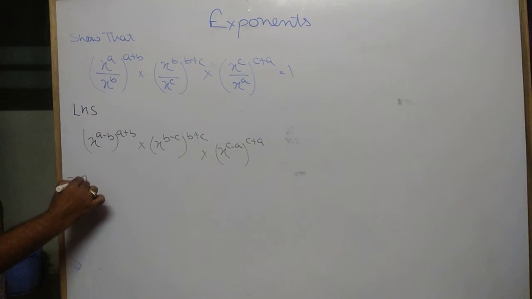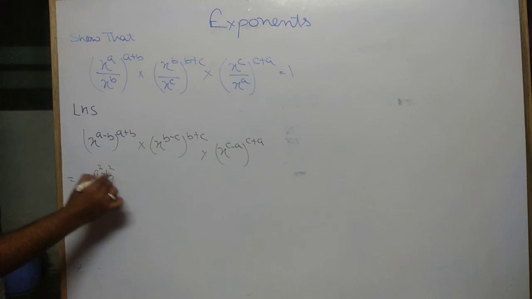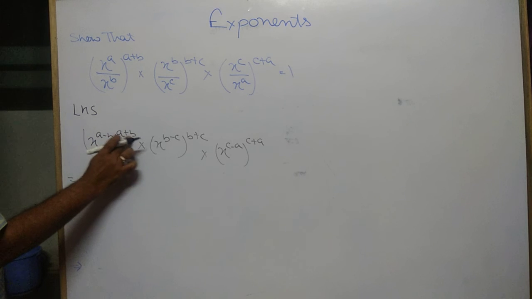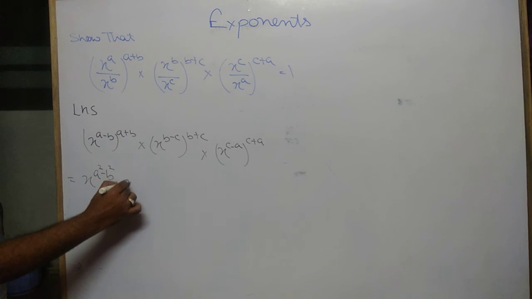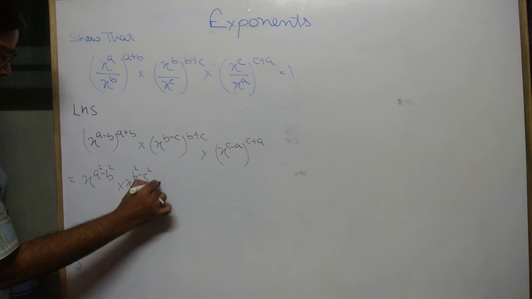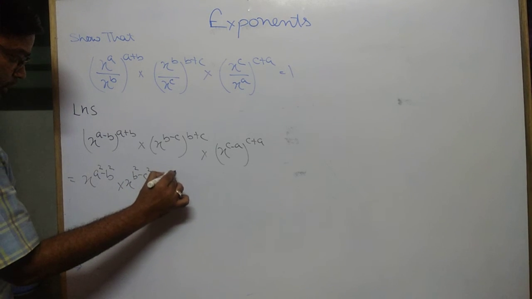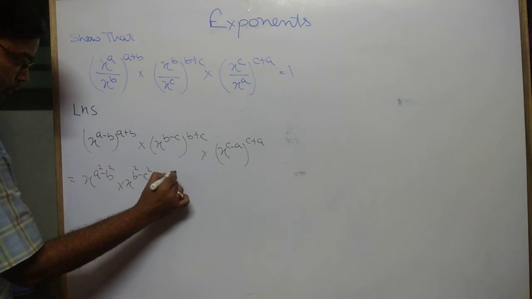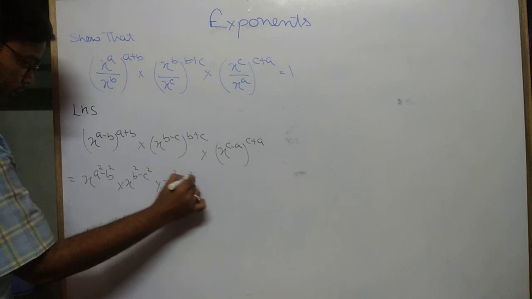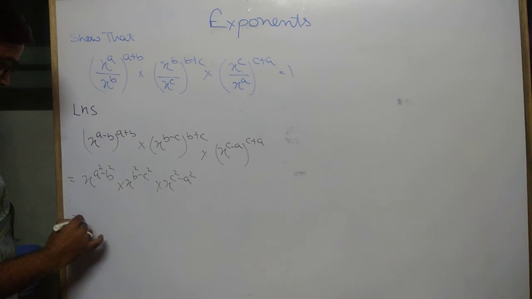So we can write x to the power a square minus b square, a minus b multiplied by a plus b, x to the power b square minus c square, into x to the power c square minus a square. Now here the base is the same, so we must add the powers.